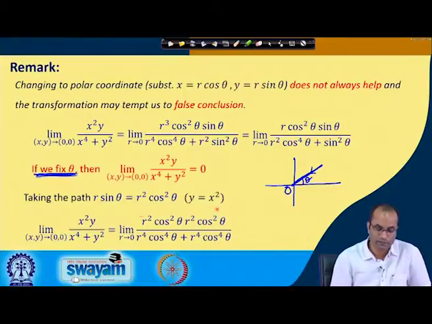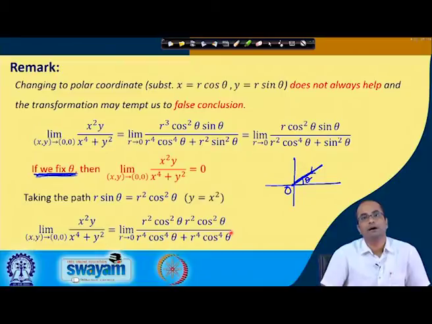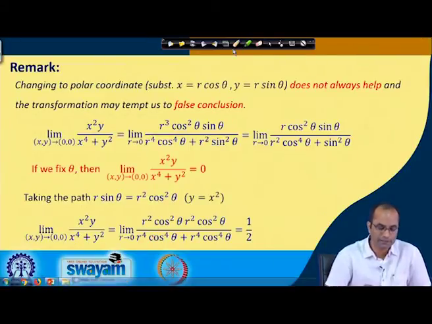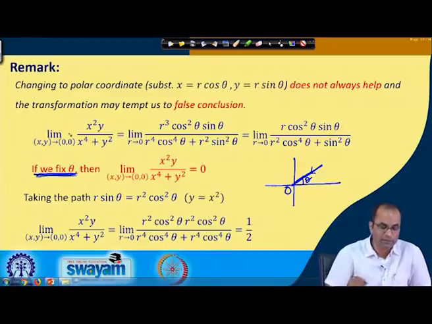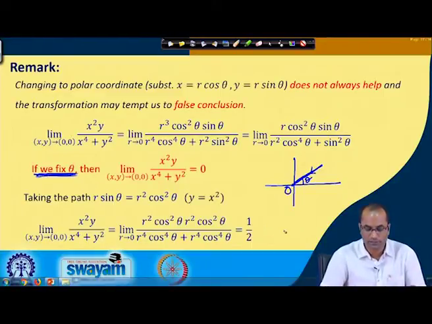So, we are getting here r power 4 cos 4 theta, and here we are getting 2 times r 4 and cos 4 theta. So, this will get cancelled and we will get this limit half. Or directly one can see, just substituting y is equal to x square and taking this path, we get the desired limit as x goes to 0.